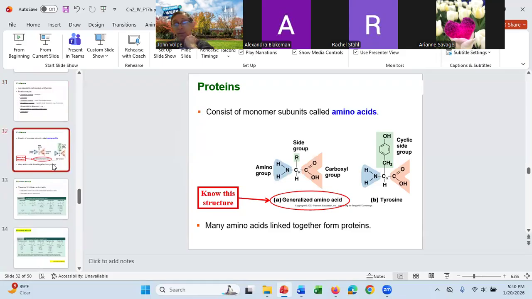Why are they the most diverse? Because instead of being made up of just a few monomers, proteins are made up generally of 20 different monomers. Many humans and most other organisms have their proteins made up of 20 different amino acids.